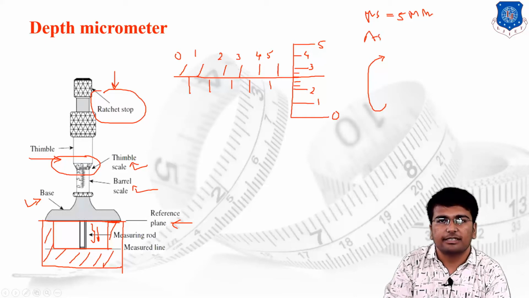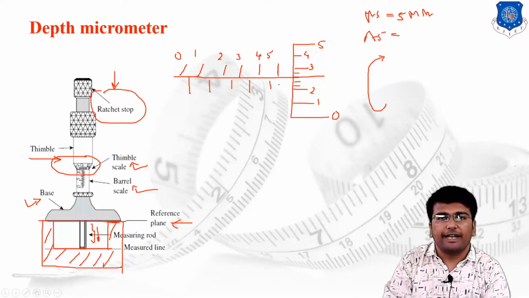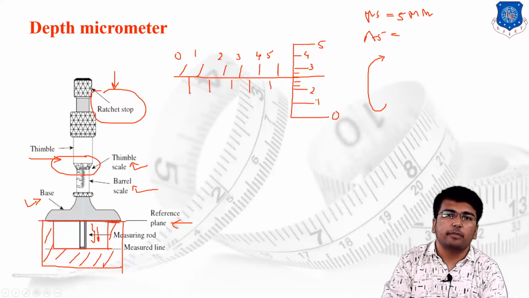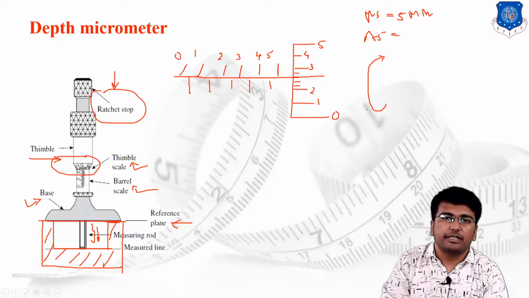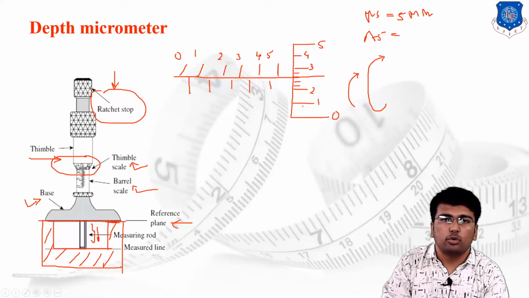On the auxiliary scale, you have to find which division number coincides. You can check on your screen that the scale is moving in this direction, counting from 0: 0, 1, 2. It means it covers a total of 10 subdivisions. Then 10, 11, 12 and 13.